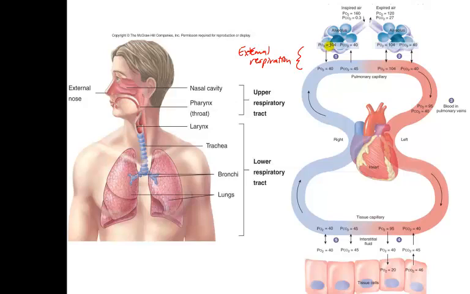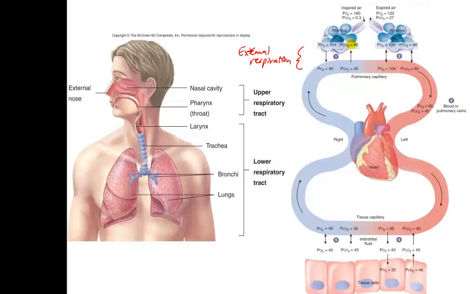Of course, what gases flow where? As you probably know, you breathe oxygen in, and it goes into the blood. CO2 goes from the blood into the lungs, then gets breathed out. So oxygen from lungs to blood, CO2 from blood to lungs.